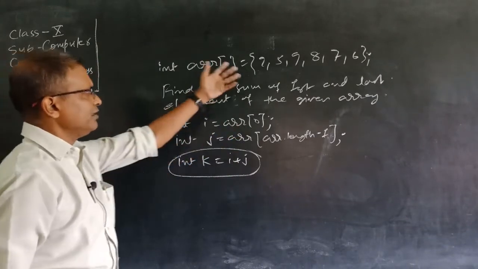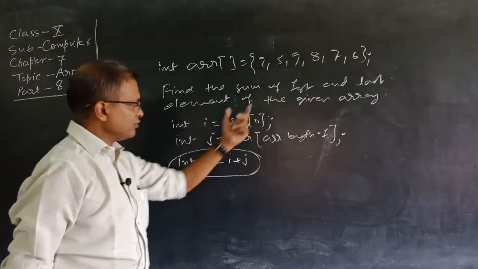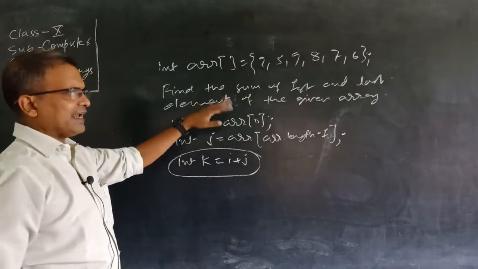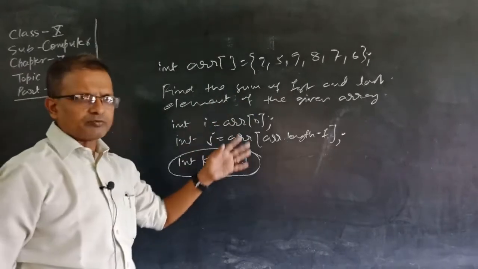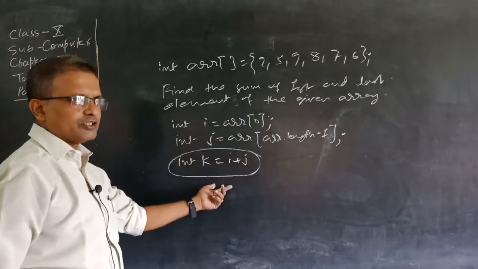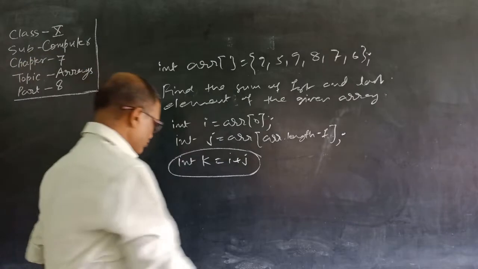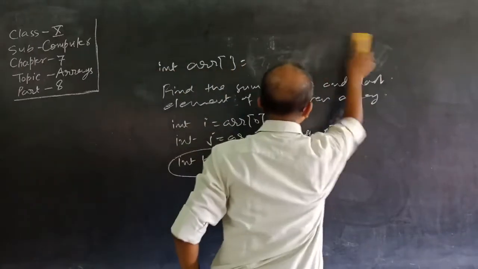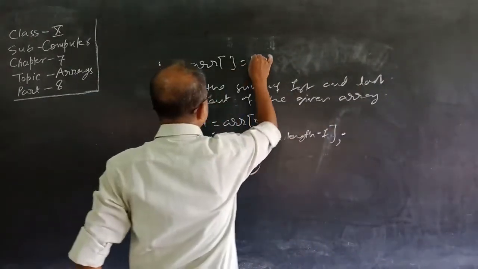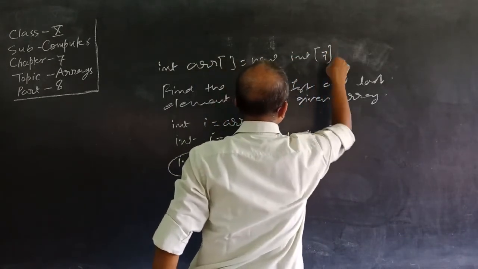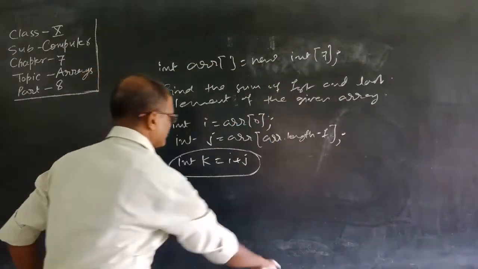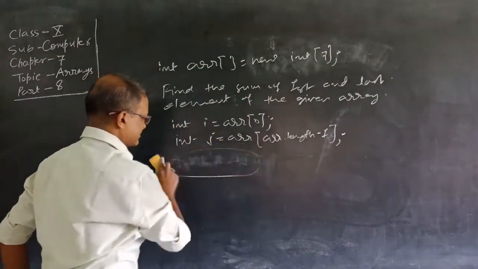This will not be simply asked in the output type question. You will be asked to write a program to print the sum of first and last element of the array. So you have to proceed in this way. And if you are not given this data, and here is given new int, suppose 7, and this question is asked, then how will you find?